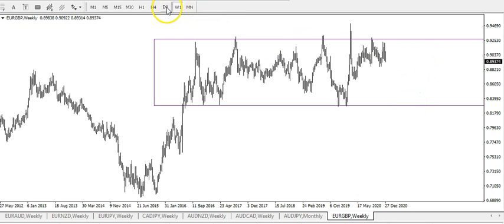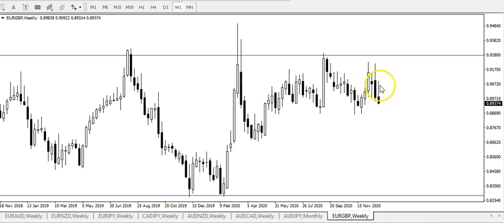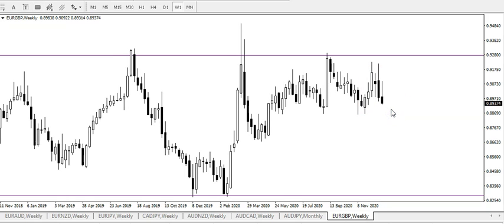But what is clear is that this is the first pullback. Looking at a weekly chart, this is the first pullback after it touched the top, the higher level. So this is a very strong pullback. If I were to look at the FIB levels, price probably pulled back around the 78 mark. Very strong pullback. So take note of that.